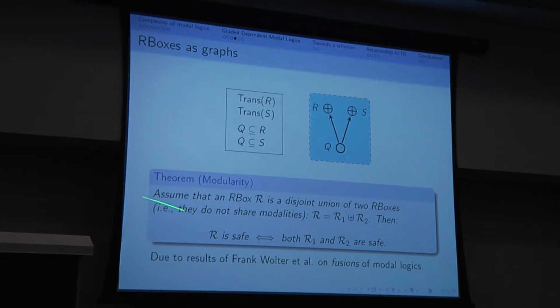This is due to the results of Frank Wolter and his co-authors on fusions of modal logic. In fact, the modal logic with this R is a fusion of modal logic with R1 and R2. And they showed that whenever we have a decidable logic and some other natural constraints, some normality and so on, then their fusion is also decidable. So we can stick to connected graphs.